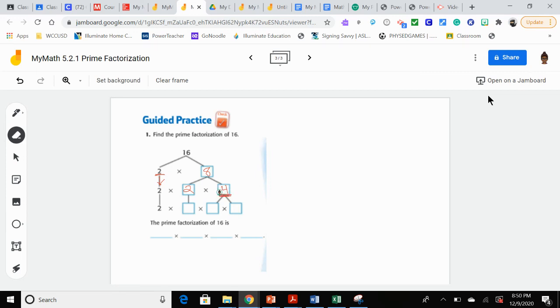I can still get factors out of 4. 2 gets brought down, and 4 is 2 times 2. So I have 2 times 2 times 2 times 2. My prime factorization is 2 times 2 times 2 times 2 for 16. It's not 2. It is 2 times 2 times 2 times 2.